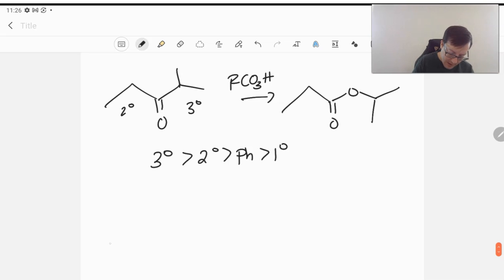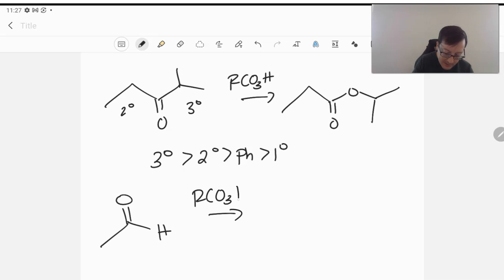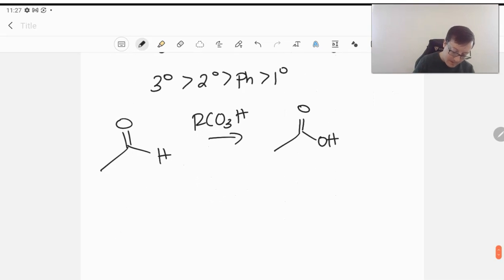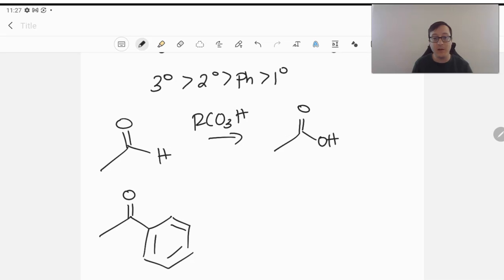So for example, an aldehyde, as I've said already, just oxidizes to the carboxylic acid. Not very exciting. But if we had something like this, where we have a phenyl group next to a primary one, phenyl takes priority over primary according to our list of migration capability.